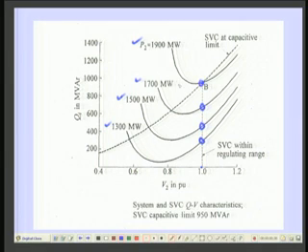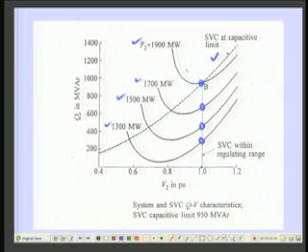Now, suppose you reach this point B, where the SVC reaches its limiting condition. The moment it reaches the limiting condition, it becomes a fixed capacitor, and the SVC as a capacitive device has this characteristic as a capacitor.